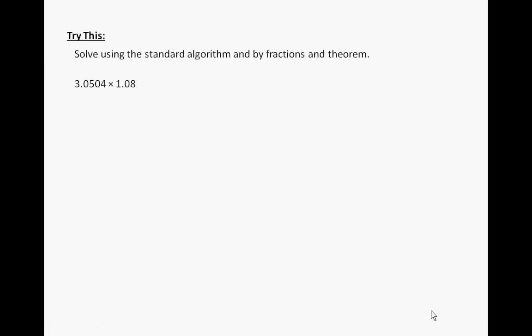All right, go ahead and try this problem by solving it using the fractions instead of just a standard algorithm, and then continue the video to see the answer. Okay, so here is the proof that you should have.